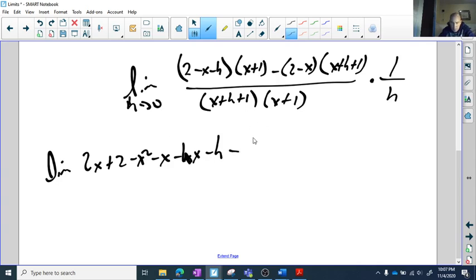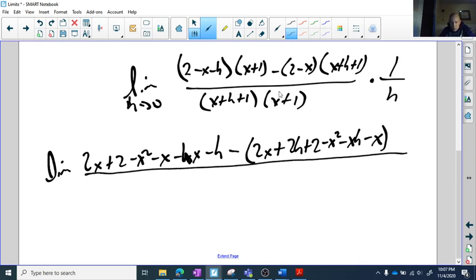When you multiply these, it has to go in brackets because the negative is going to go through all of these. So it's going to be 2x plus 2h plus 2, and then minus x squared minus xh minus x. So that's 2 times all of those, and then minus x times all of those.